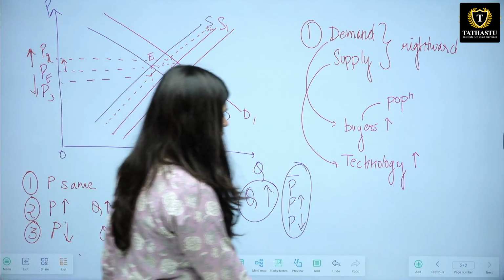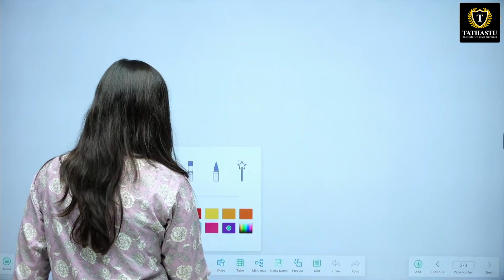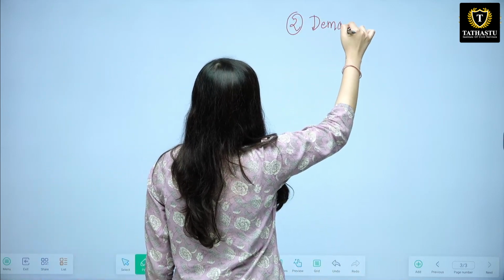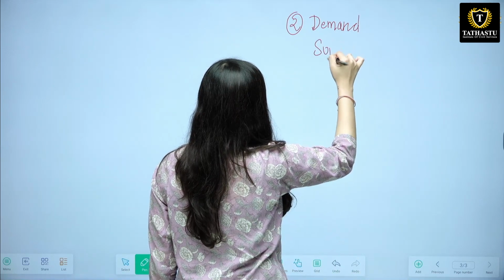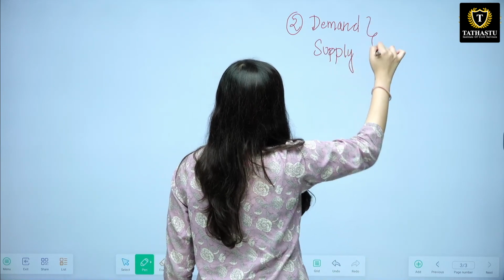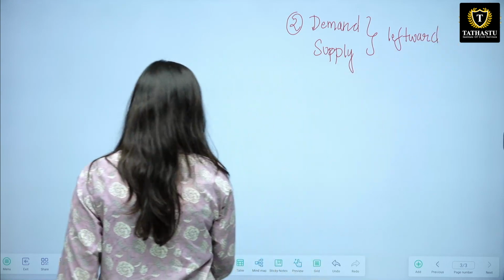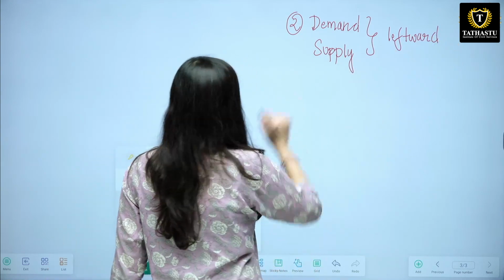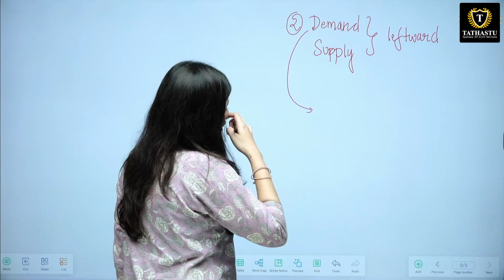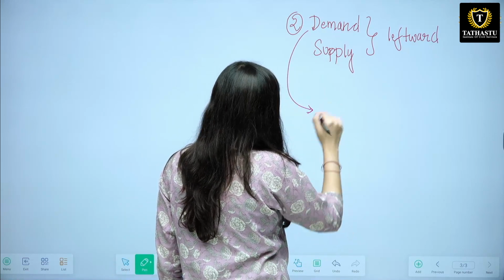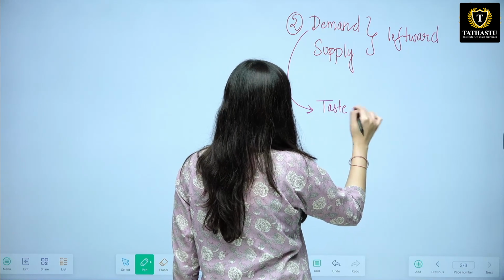Okay. Now let us take the second scenario. The second scenario is basically in which demand and supply, they both shift leftward simultaneously. What do you mean by this? This means that, let's say, how will demand decrease? Let's say taste and preferences changed.